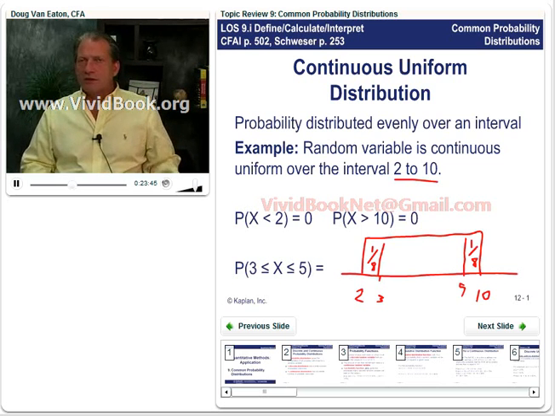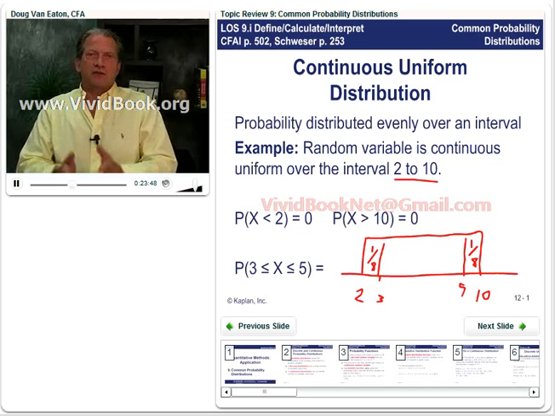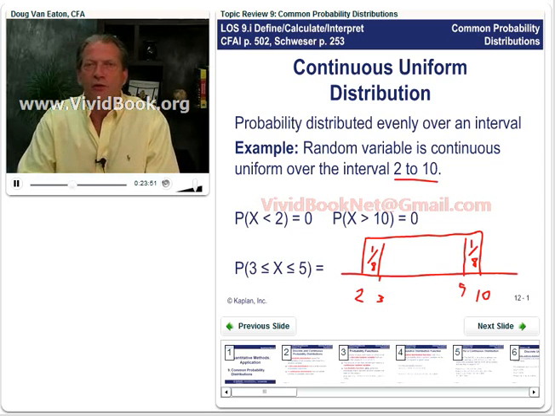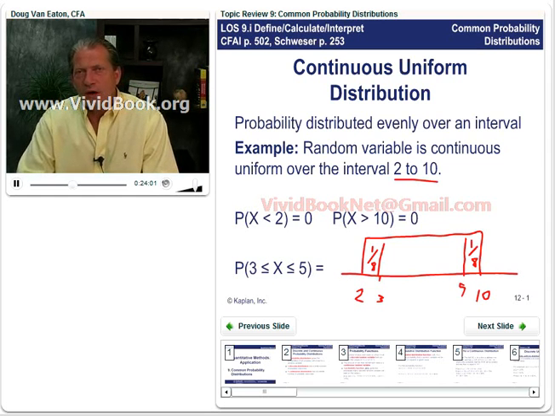Now remember, with a continuous distribution, I can't say anything about a single point. Well, I can. I guess I can say the probability of hitting 3 right on the nose is 0. But we can talk about the intervals. What is the probability of being between 2 and 3? Well, it's 1/8. It's 0.125. It's 12.5%.